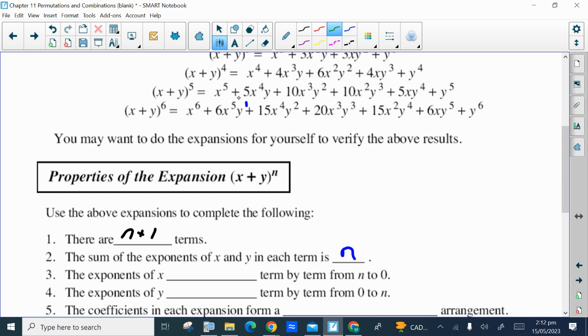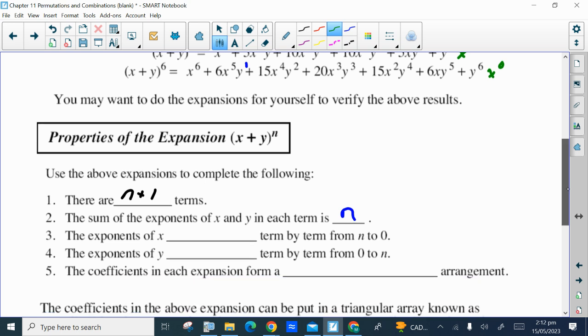The next term is x to the 5th, then x to the 4th, then x cubed, and so on. Same thing happens in the row above, where n is 5. The first term is x to the 5, and that power again decreases by 1 as you go term to term. And it also works for the last term, because the last term would be x to the 0. So in every case, the exponents of x decrease term by term, starting with n and ending with 0.